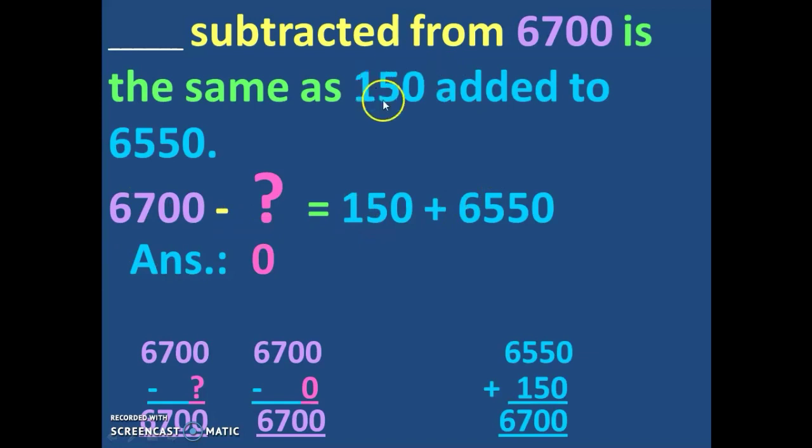The next set is nothing but 150 added to 6,550. That I have written in the mathematical or numerical form. Any statement given to you, if you write it in this numerical form, it will be easy for you to find the answer. Okay.